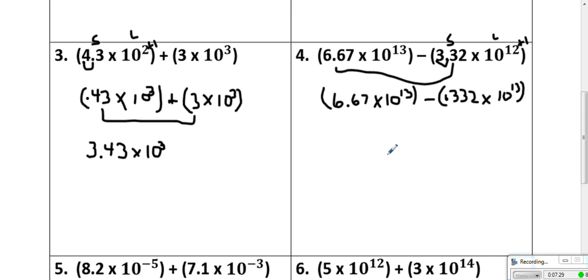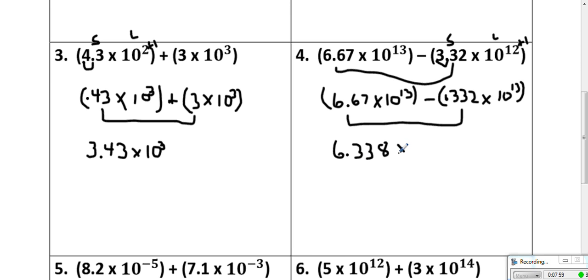So now you could take your calculator, or you could do it by hand, 6.67 minus 0.332. Okay, so you're taking this number and subtracting it and getting 6.338.